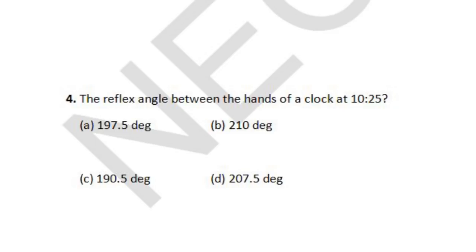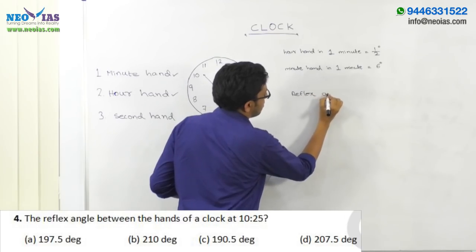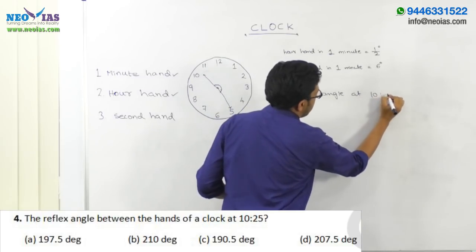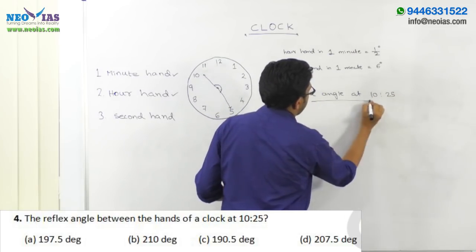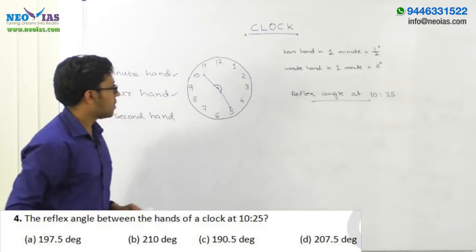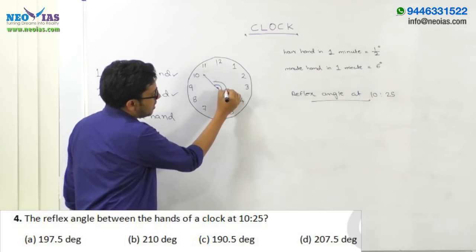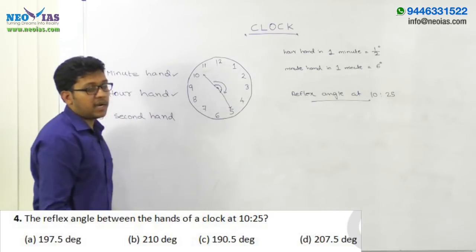Next question is, the reflex angle between the hands of a clock at 10:25 is. What is the reflex angle between the two hands of a clock at the time 10:25? They are asking about this angle, which is greater than 180 degree.